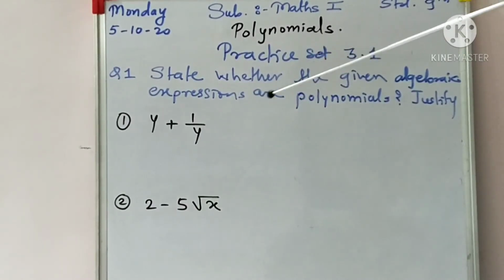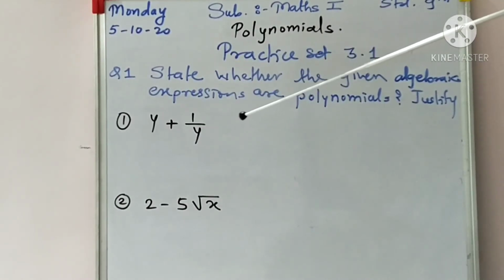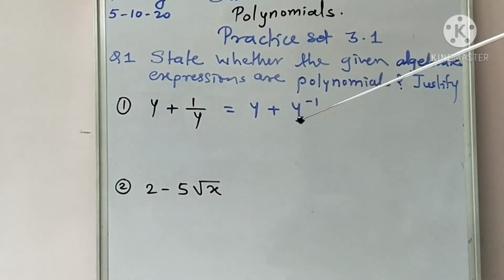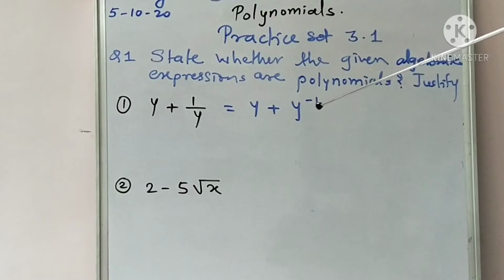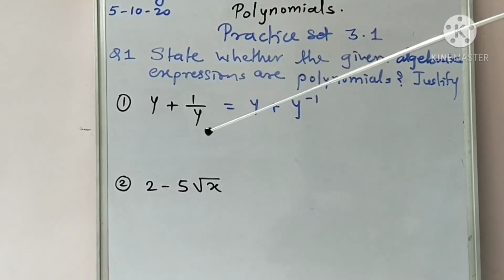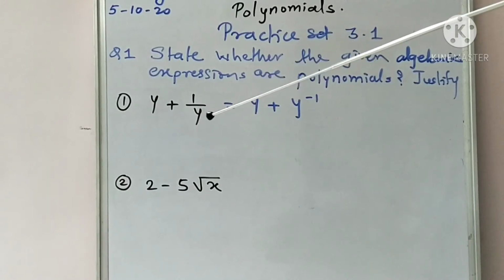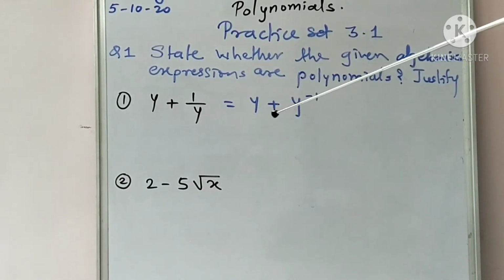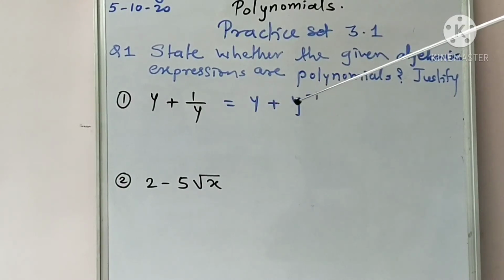We can write it as y plus y raised to power minus 1, because a condition for polynomials is that the variable is not in the denominator.